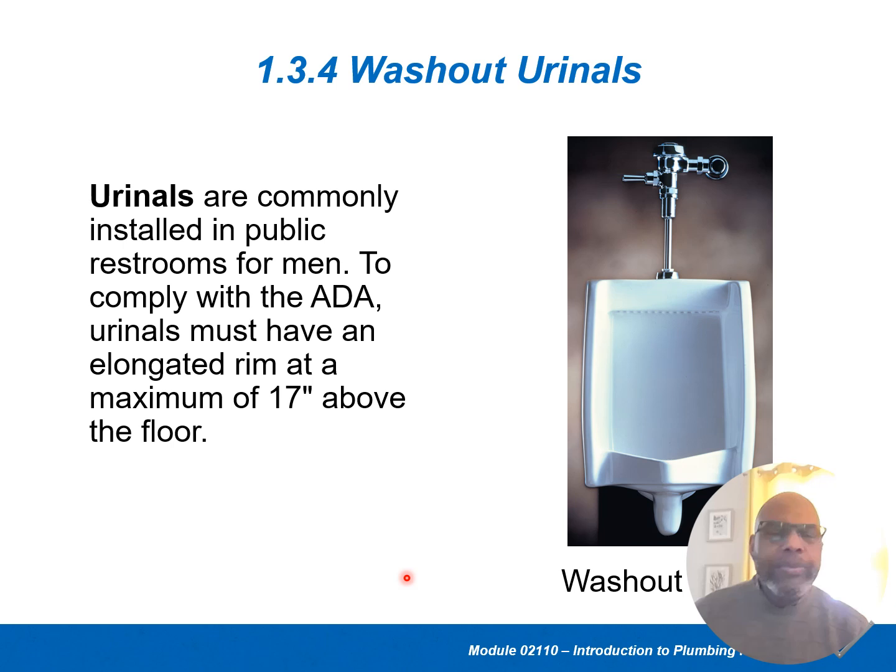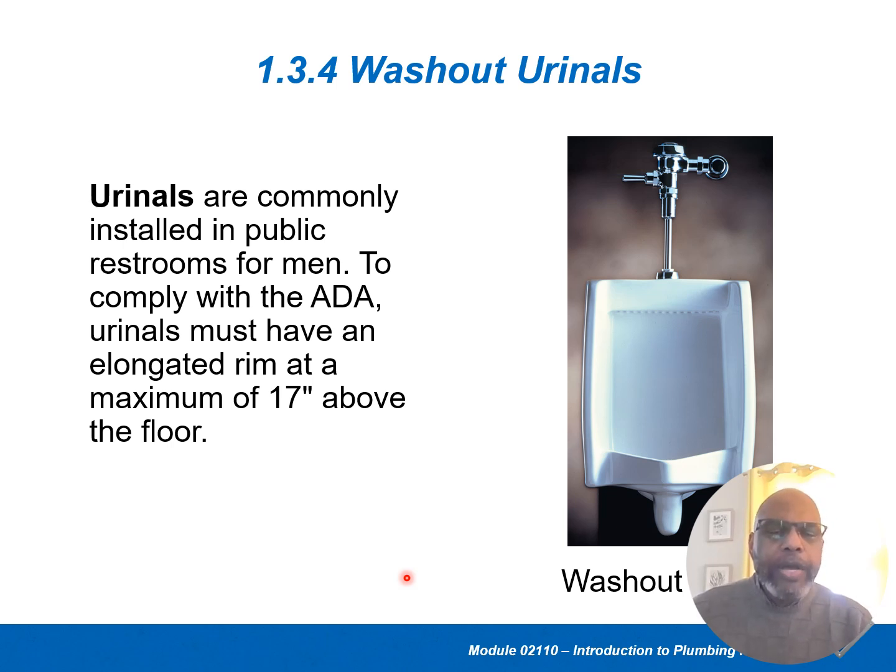So urinals are commonly installed in public restrooms for men. To comply with ADA, urinals must have an elongated rim, meaning that it sticks out in a curve, in other words, extended out.